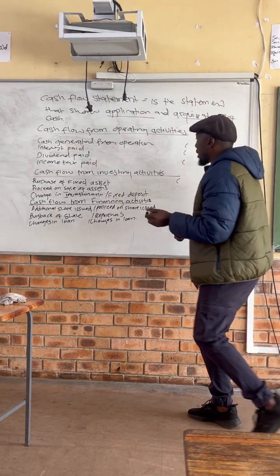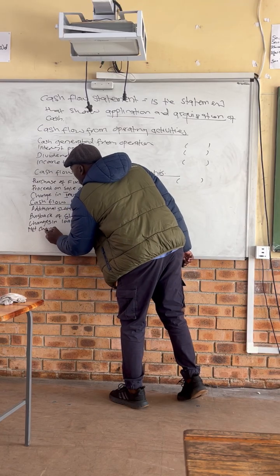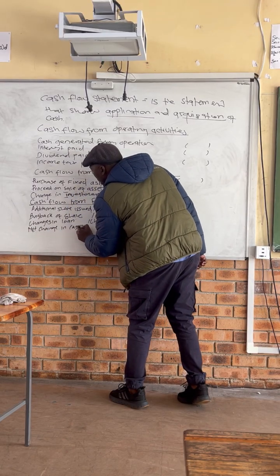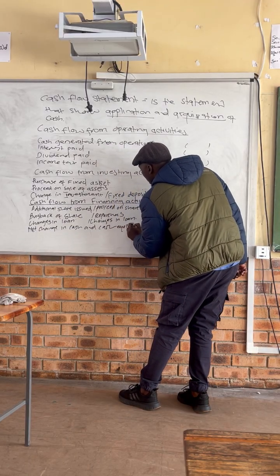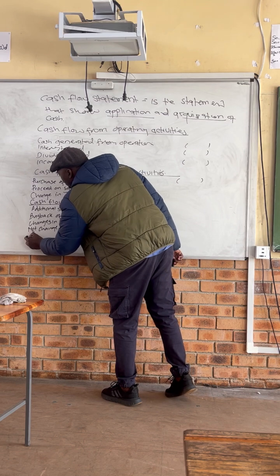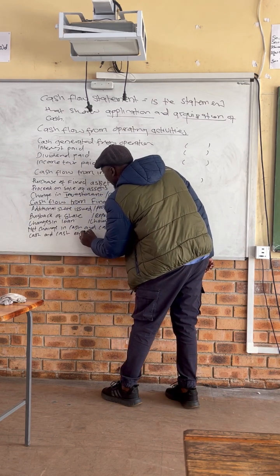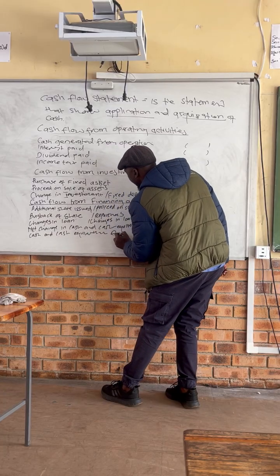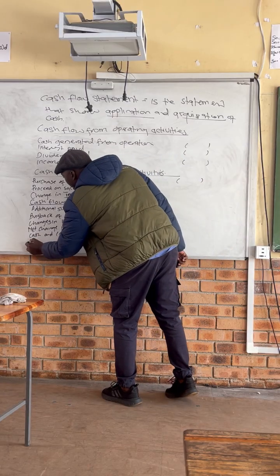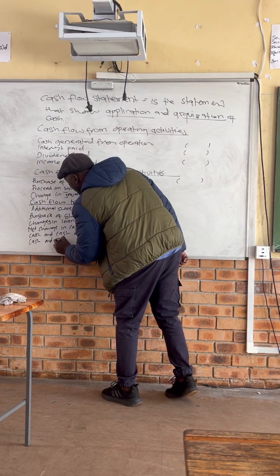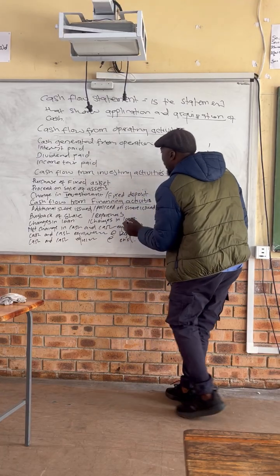The money that is already there is the net change in cash and cash equivalent. And then here we have cash and cash equivalent at the beginning, and cash and cash equivalent at the end.